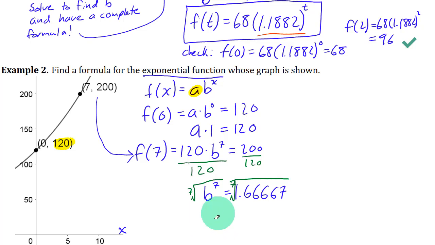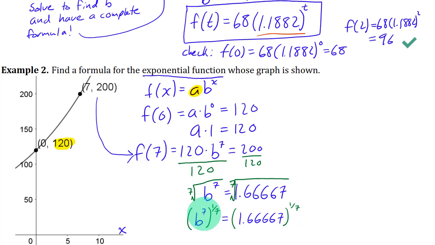But another way to do this, if you need to do that on your calculator, is of course, instead of writing this as the 7th root, it's the same thing as if you raise it to the power 1/7. That's what the exponent 1/7 means, it means a 1/7 root.